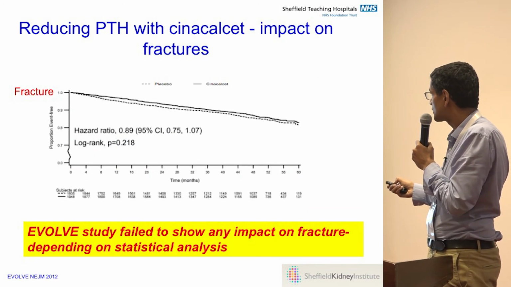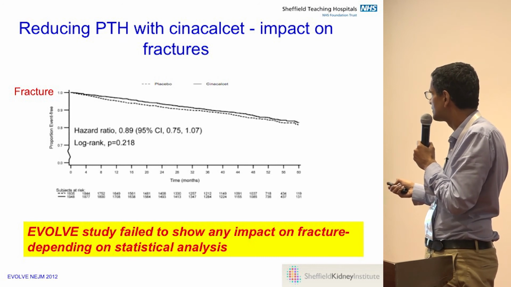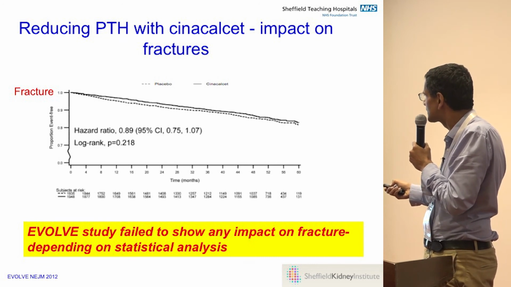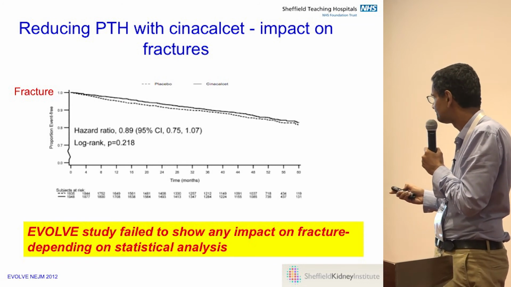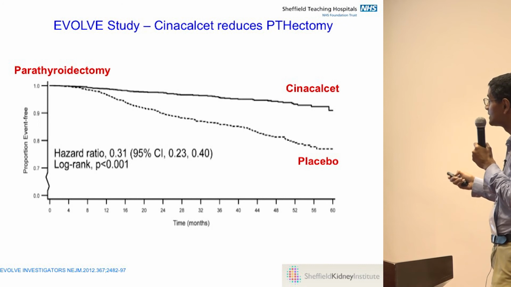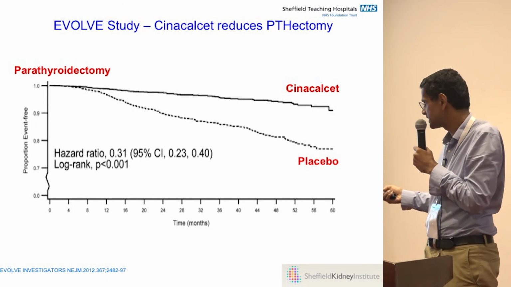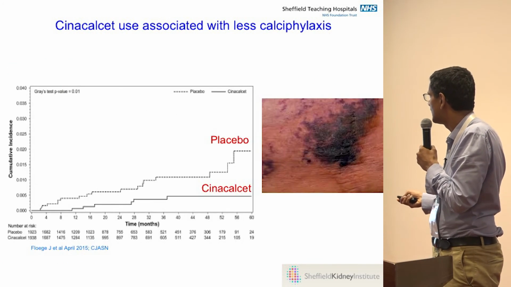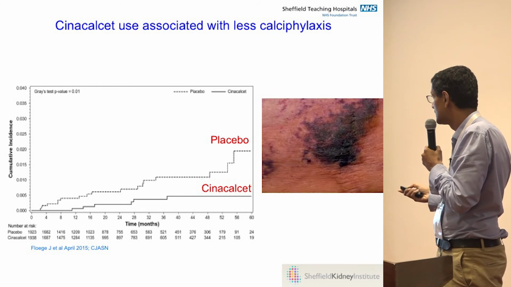Similar kind of data with fractures. If you change the statistical analysis, you can get a statistically positive result, but clinically, it's very difficult to know if there's much of a difference between those two lines. What is good about cinacalcet, unsurprisingly, is that it reduces your risk of parathyroidectomy because it controls PTH, which is a good thing, and it's associated with much less calciphylaxis, which is also a good thing.